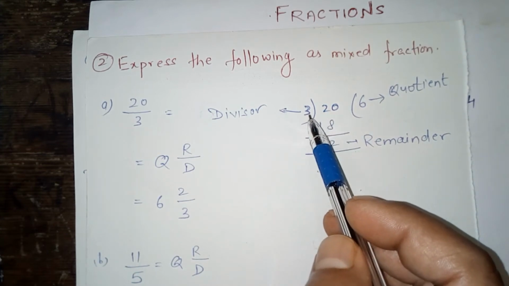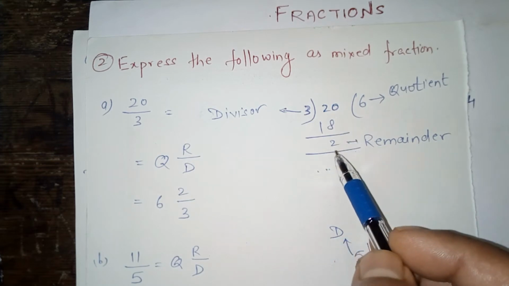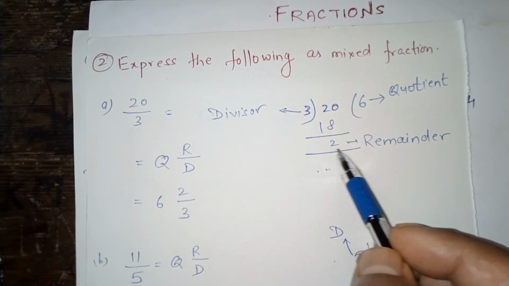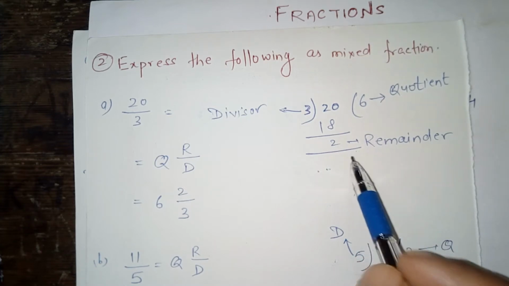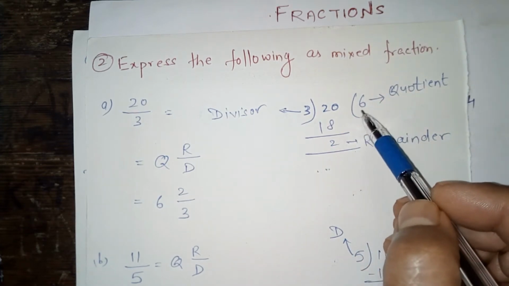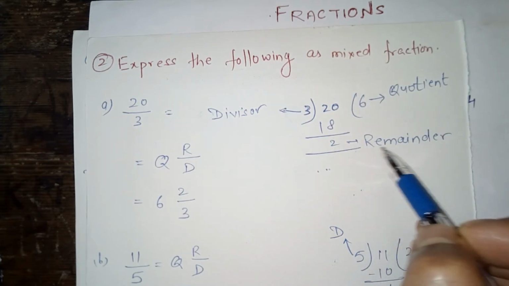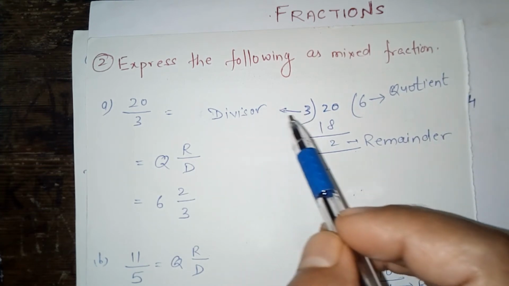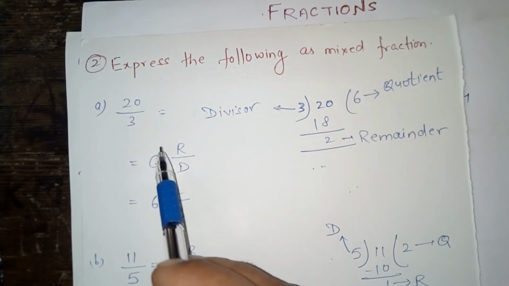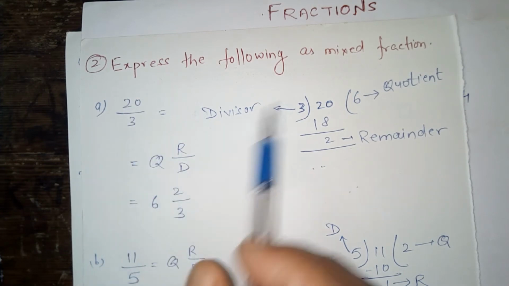After subtraction you will get remainder 2. So look here, in this condition 6 is the quotient, 2 is the remainder, and 3 is the divisor. So how will we convert an improper fraction to a mixed fraction?